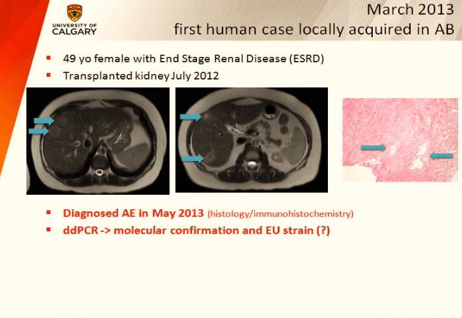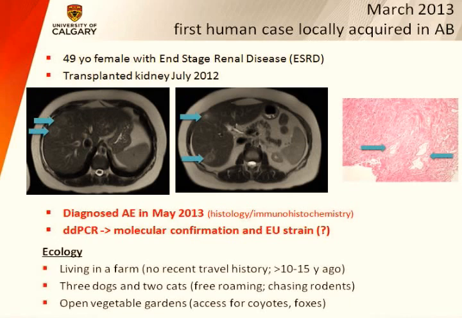We had to use droplet digital PCR because qPCR was not sensitive enough with the biopsy samples that we had. Interestingly, she lives on a farm southwest of Edmonton. She has 3 dogs, and she normally produces her own vegetables in an open garden, open to coyotes, foxes, and dogs.